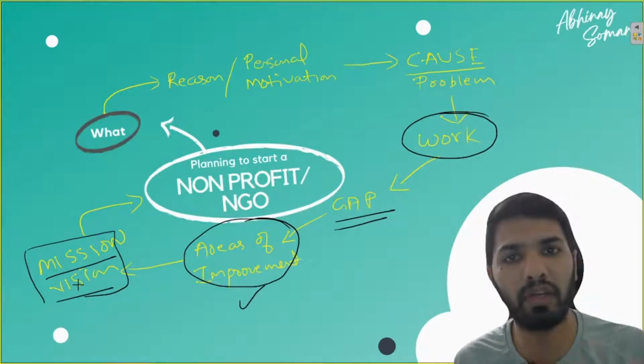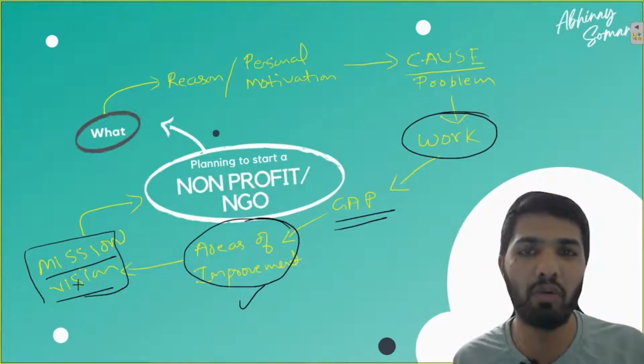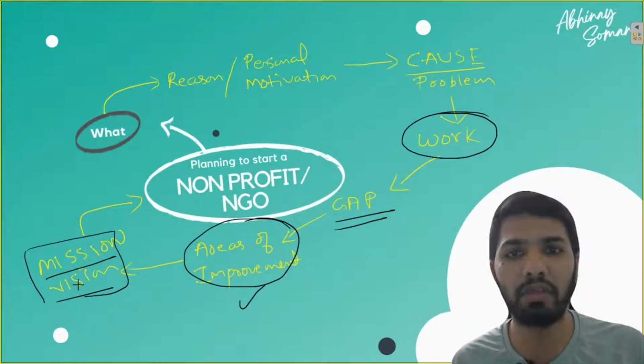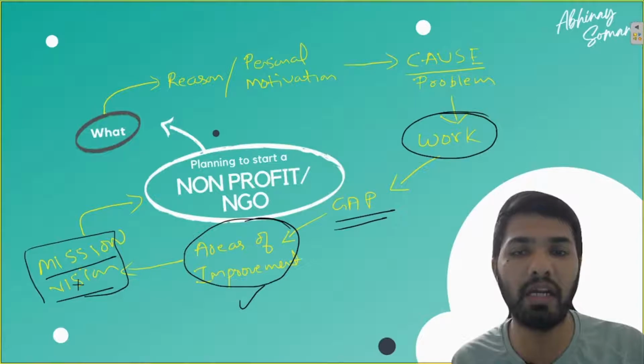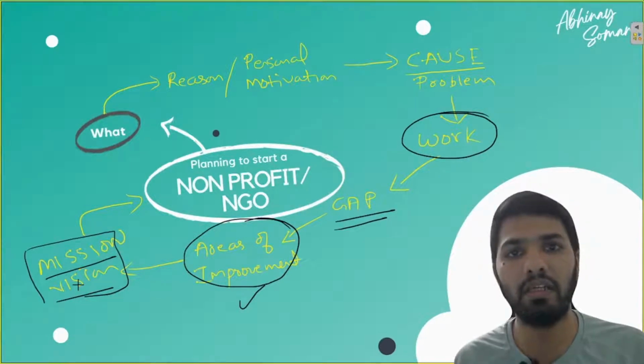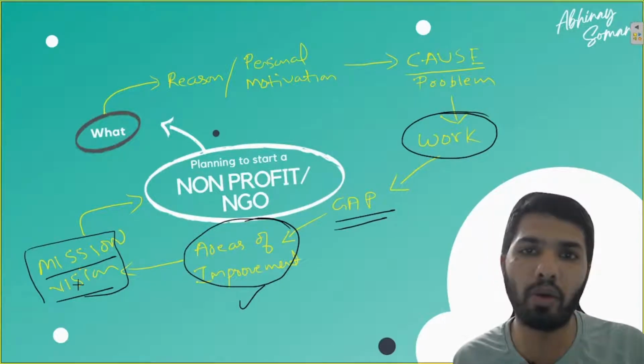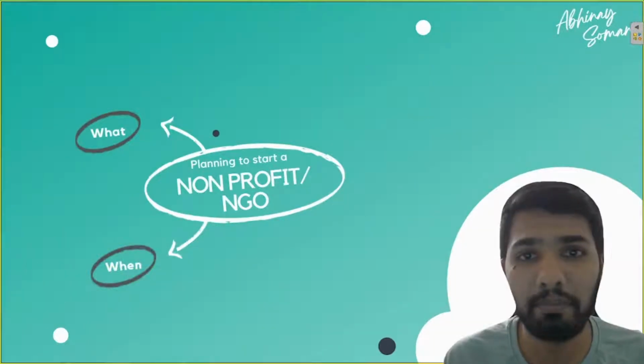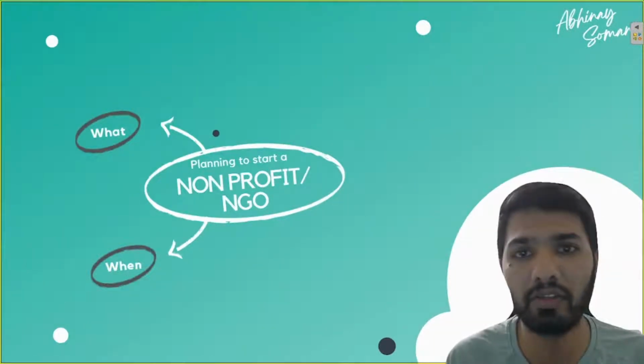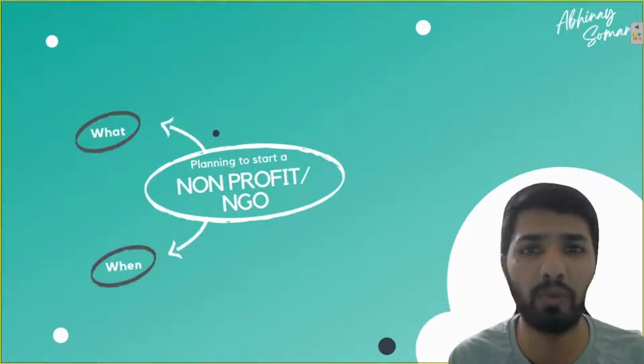As you progress on the journey of identifying the problem and understanding what you're trying to offer to the beneficiary, that is where you come up with the mission statement, and that forms a fundamental step to start your own nonprofit.